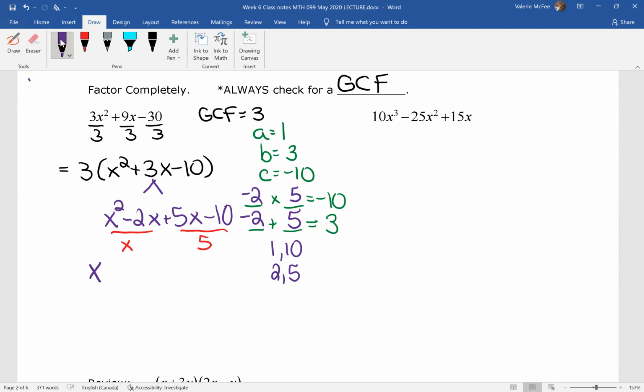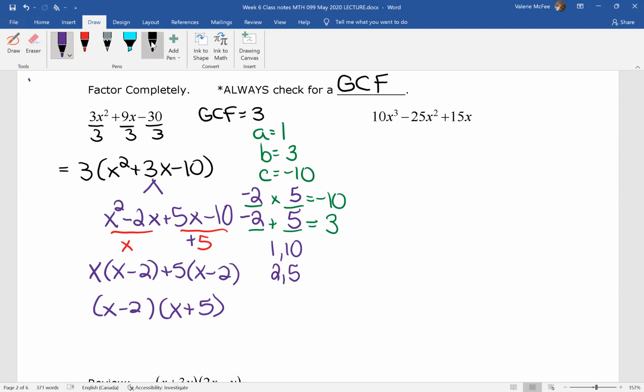So we have x times x minus 2. Oh, this was a plus 5. Plus 5 times x minus 2. X minus 2 is common, times x plus 5.